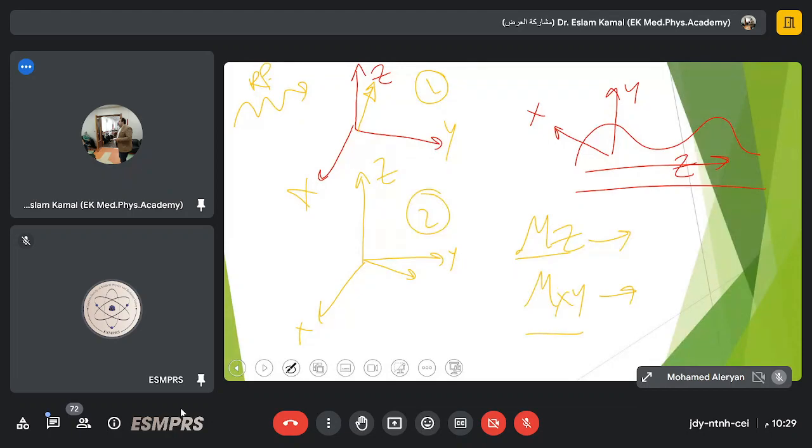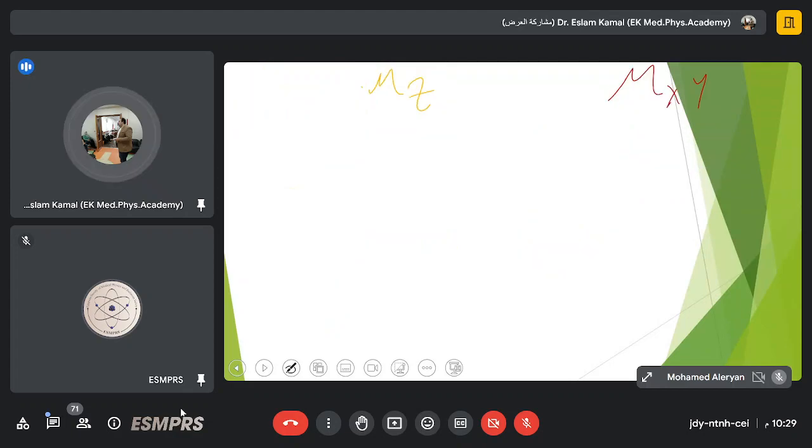At the beginning, MZ is 100%, and there is no MXY, which is 0. After applying the RF pulse, MZ becomes 0 and MXY becomes 100. Is it clear for everyone? Okay, doctor. Okay.